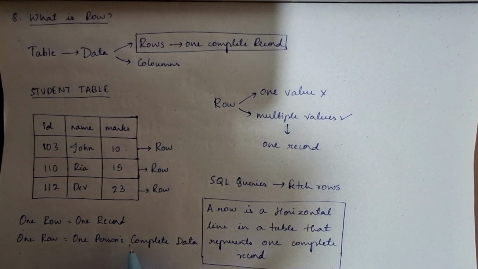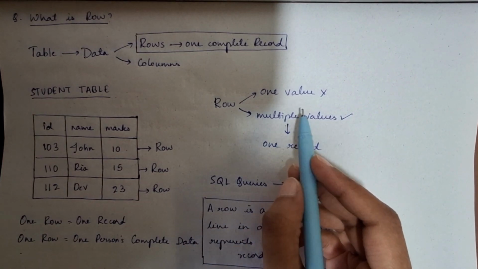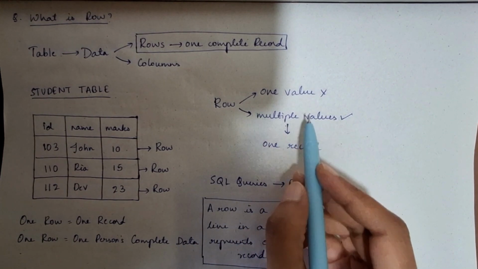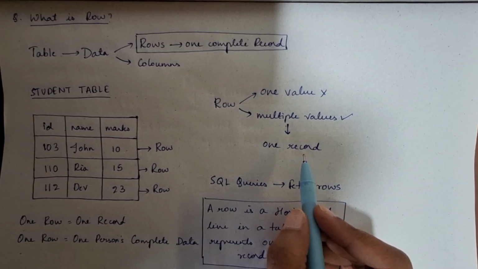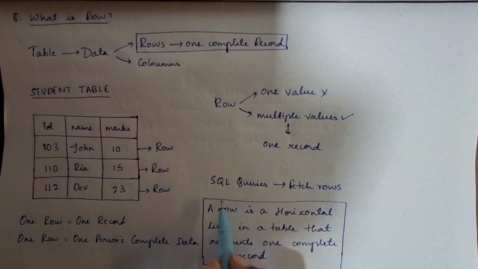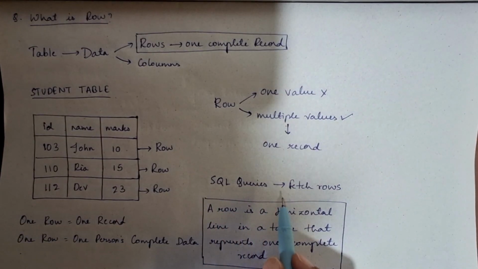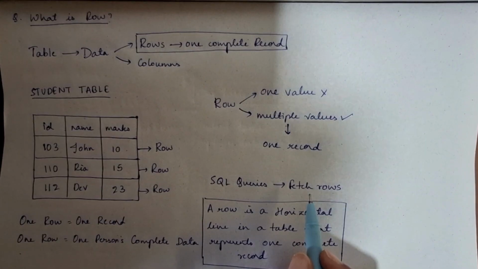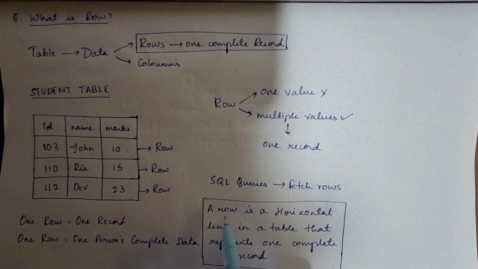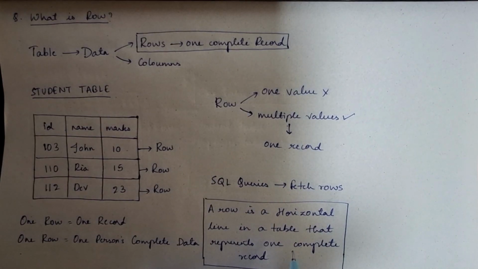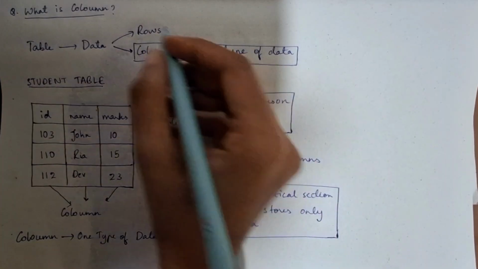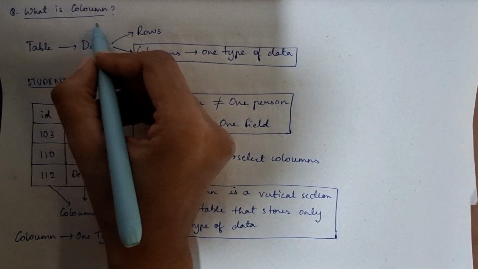And also a row does not store only one value, it stores multiple values, but all values belong to one record. And when we write SQL queries, we usually fetch rows from the table and the result we get is a row. So finally we can say that a row is a horizontal line in a table that represents one complete record.